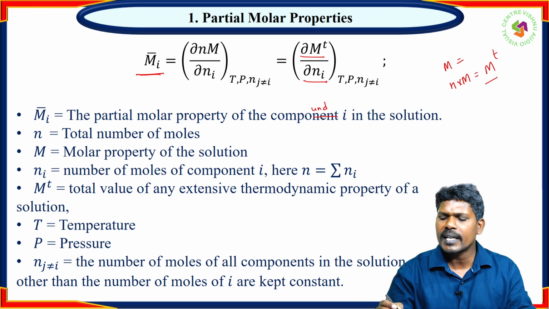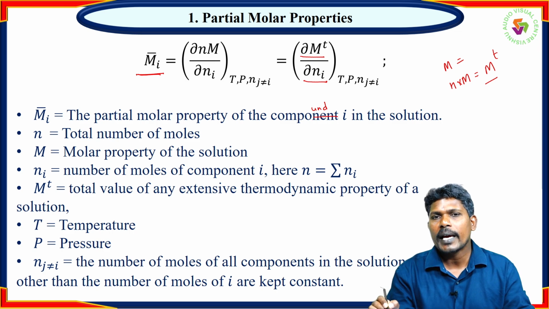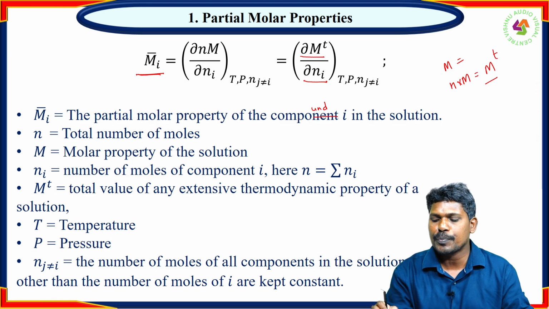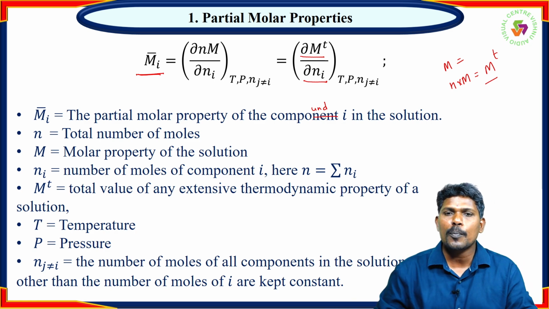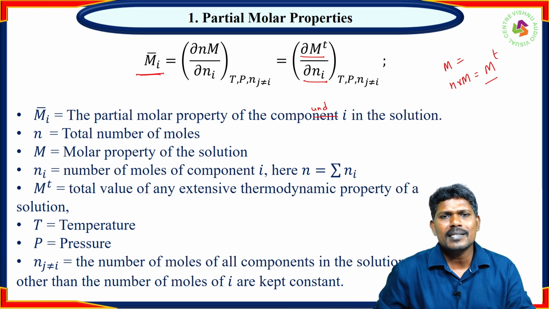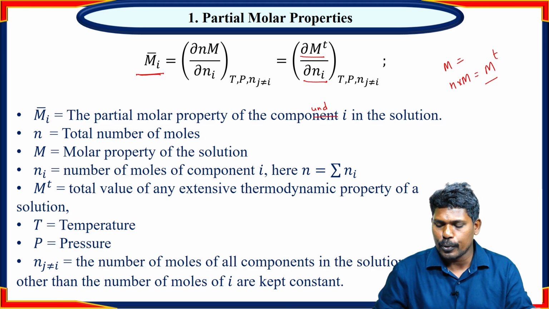So in other words we can write dou(M_t) by dou n_i at constant temperature, constant pressure, n_j not equal to i. Here M is the molar property of solution, and n_i is the number of moles of compound i.